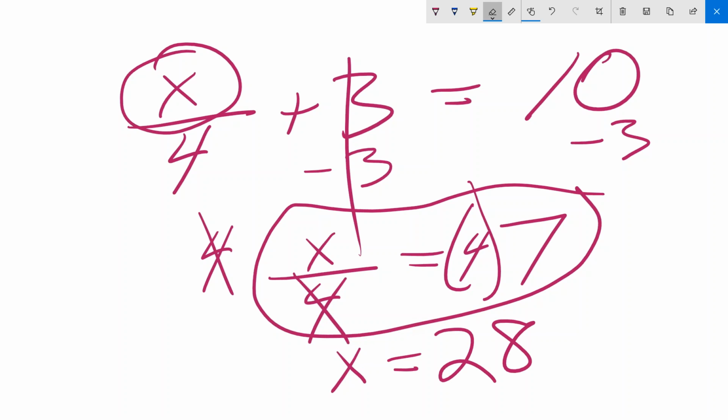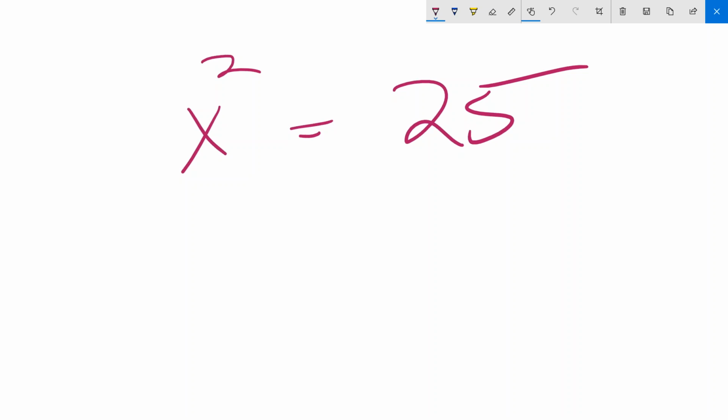So those are relatively simple equations. Let's notch it up a little bit. Remember, I'm trying to solve for x. So how do I get rid of x squared?